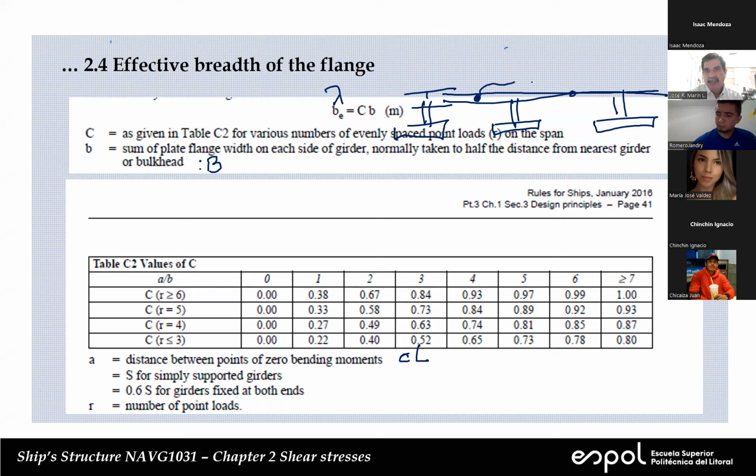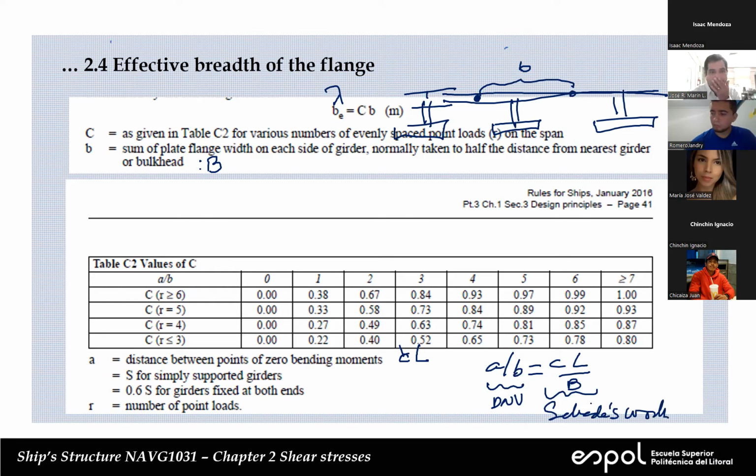So this is little b, but little b is for D and B. For us it is large B. So we have to be careful. So A over B is equal to cL divided by large B. So this is DNV, and this is Shady's work.